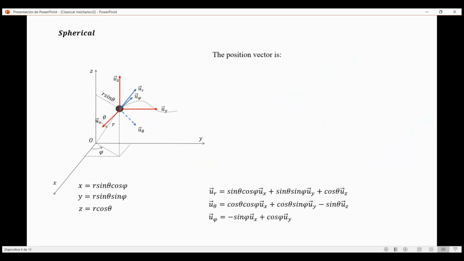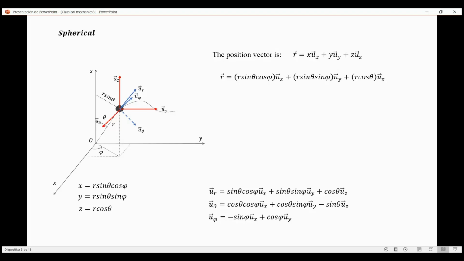So now we have all the ingredients to write the position vector, velocity and acceleration in terms of the spherical coordinates. The position vector, starting from the Cartesian coordinates and Cartesian unitary vectors, is x ux, y uy, z uz.